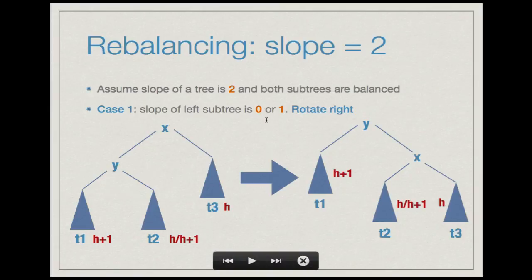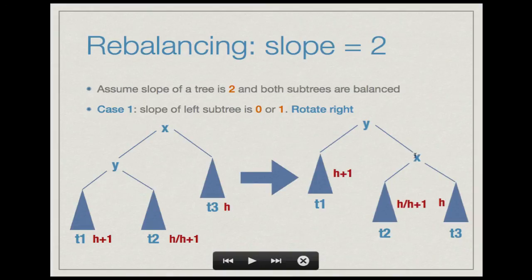Let us look at the slopes of the various subtrees before and after the operation. Earlier the slope of x was 2 and the slope of the left subtree was 0 or 1. Now the slope of the new tree is the height of the left subtree, which is h plus 1, minus the height of the right subtree, which is either 1 plus h or 1 plus h plus 1.